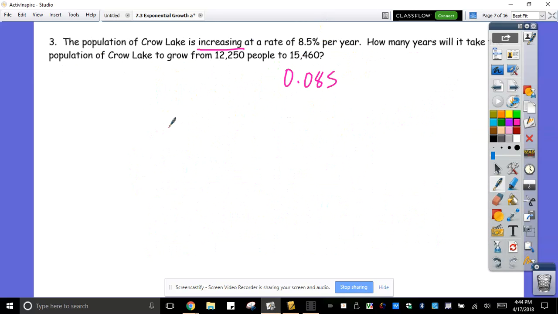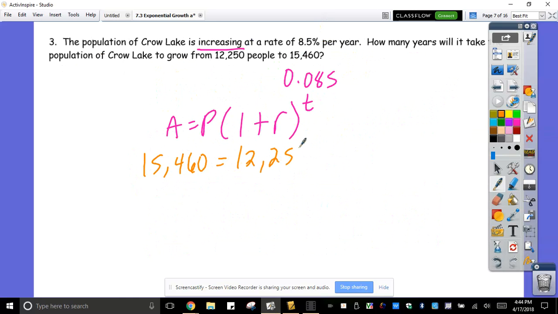A equals P times 1 plus r to the t, since it's increasing. A is the final amount, which based on the problem is 15,460. The principal is 12,250. The rate is 0.085. And the time is what you do not know. How many years? That's your x or t.